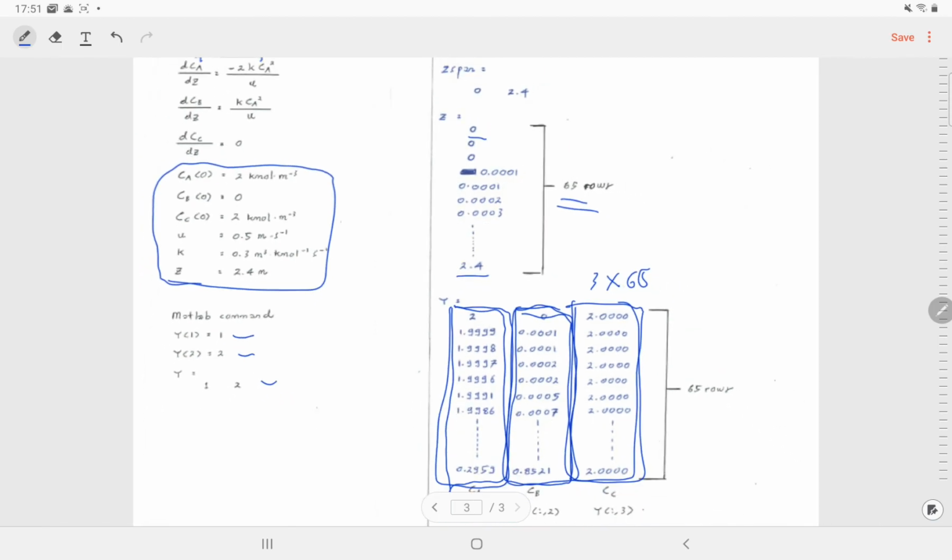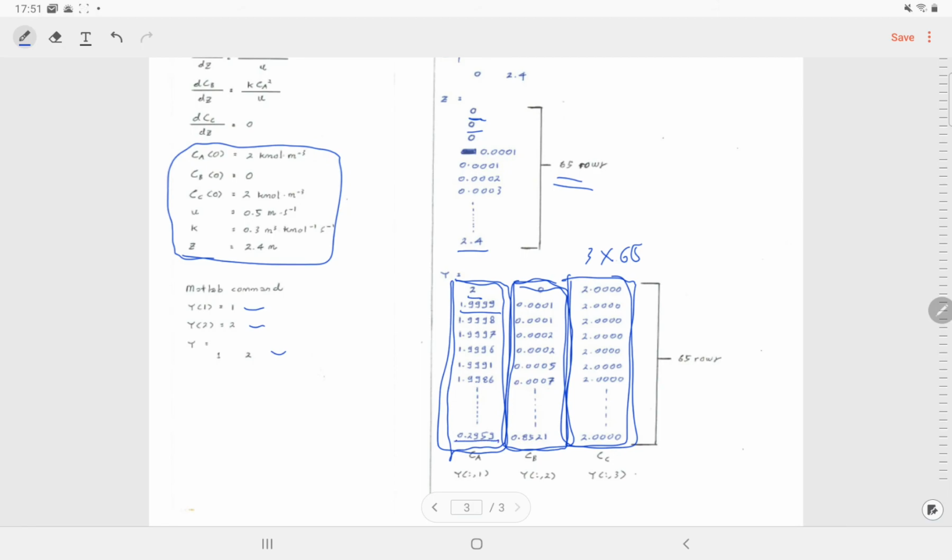So for example, the concentration of A will be 2 at Z equals 0, it will be 1.9999 at Z equals 0, and then that will be 0.2959 at Z equals 2.4. Likewise, the concentration of B will be 0.8521 at Z equals 2.4.